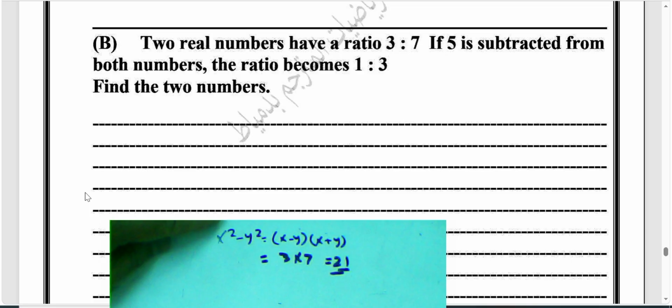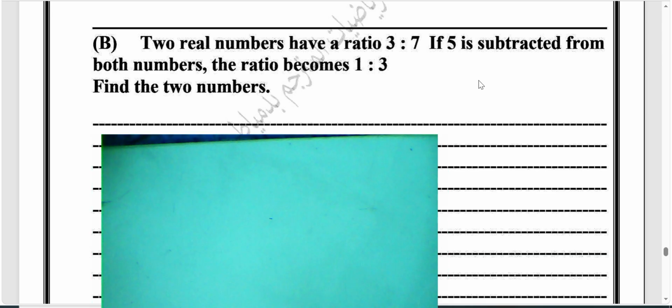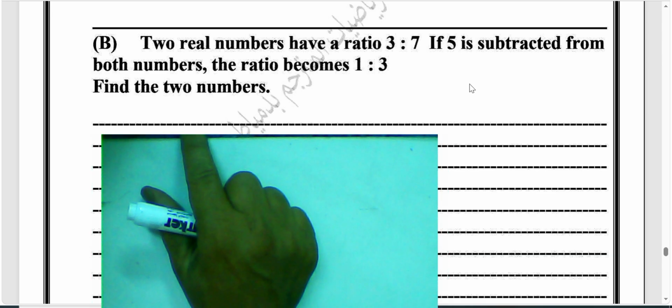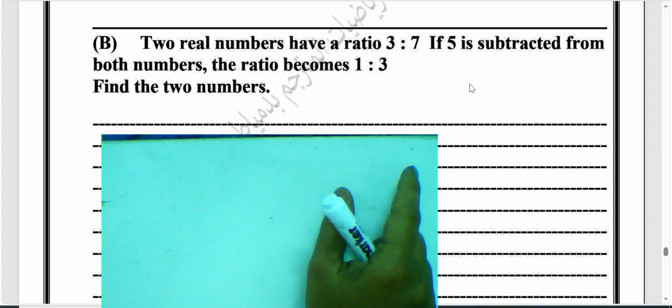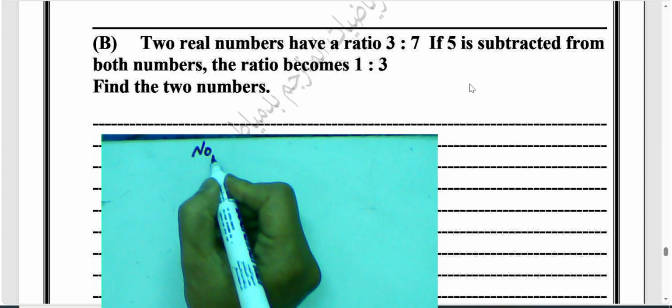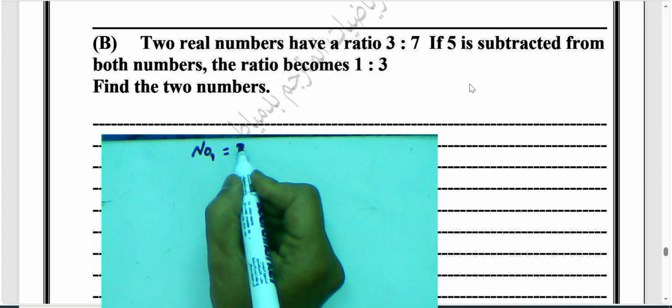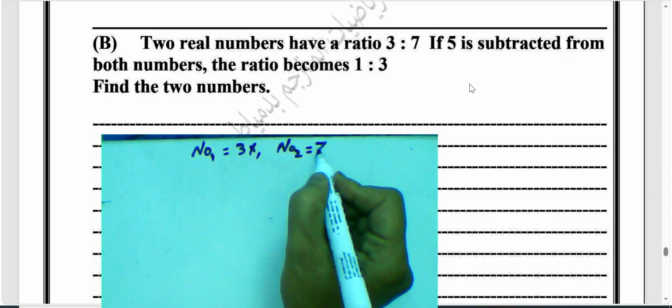Two numbers have the ratio 3 to 7. If 5 is subtracted from both numbers, the ratio becomes 1 over 3. Find the two numbers. We will put number 1 as 3x and number 2 as 7x.